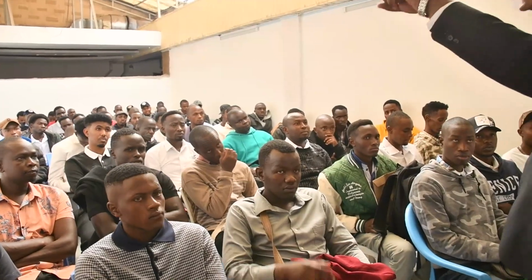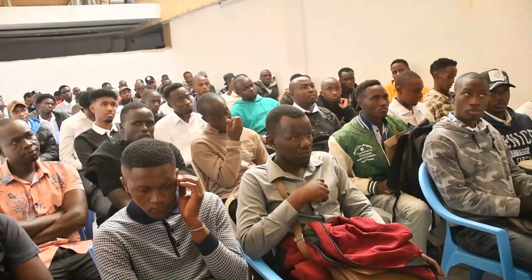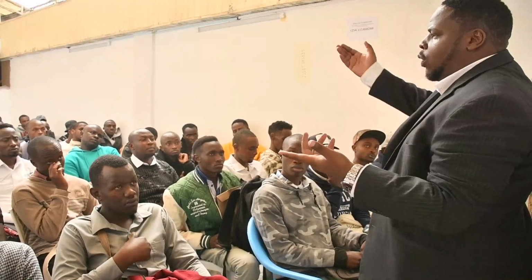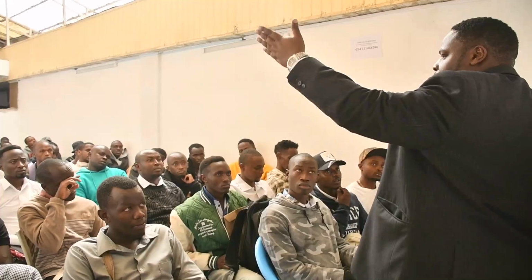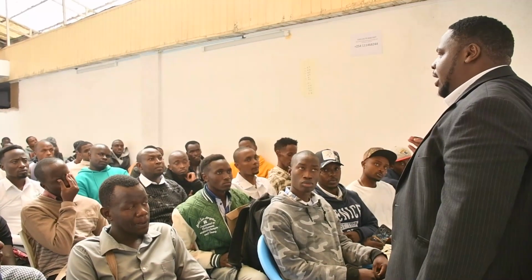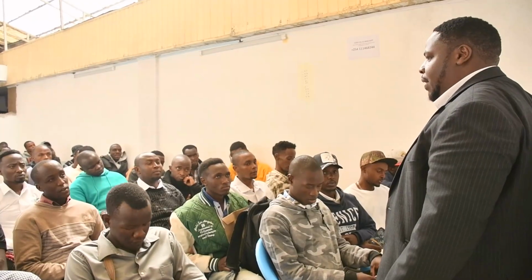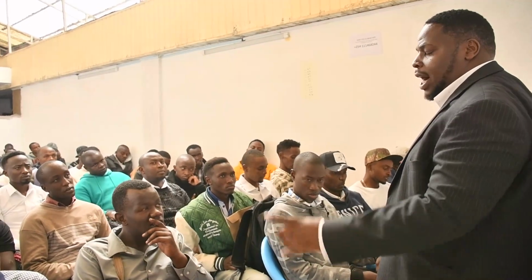So it is called the fire triangle. It has three. He will ask you about the fire triangle. So what is the fire triangle? It's a combination of heat, oxygen, and fuel. If you don't have one of those, you cannot have fire. Are we clear? So those are the fire triangle.